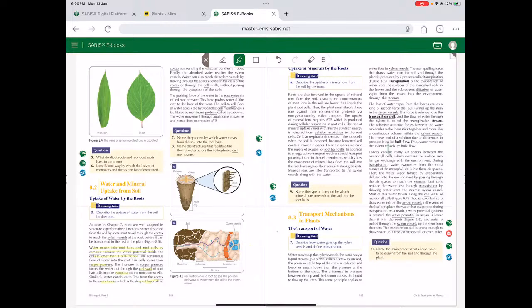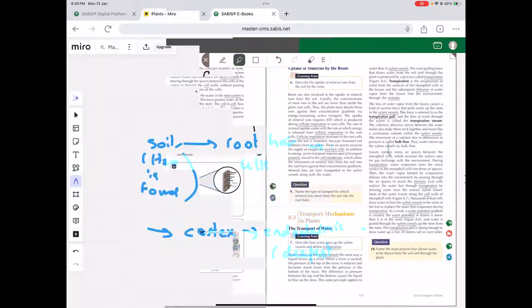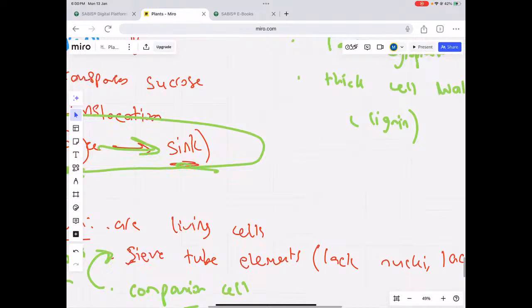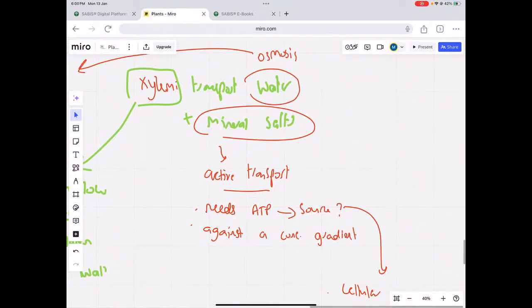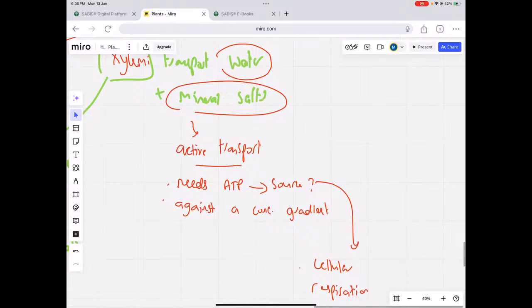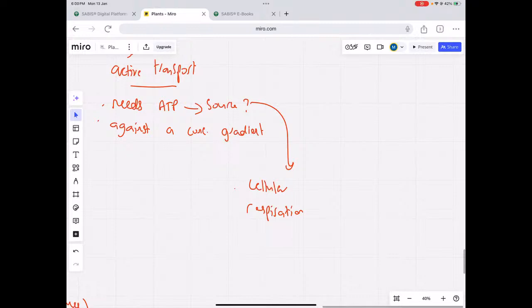Now to move on, uptake of minerals by the roots. We said it needs energy. We already mentioned it here. So it needs energy, so it needs ATP, and it takes minerals in against a concentration gradient. And this ATP comes how? By performing cellular respiration. I'll just remind you of the formula of cellular respiration.